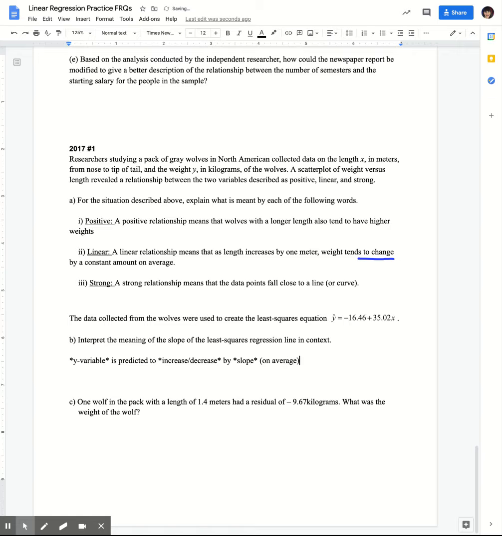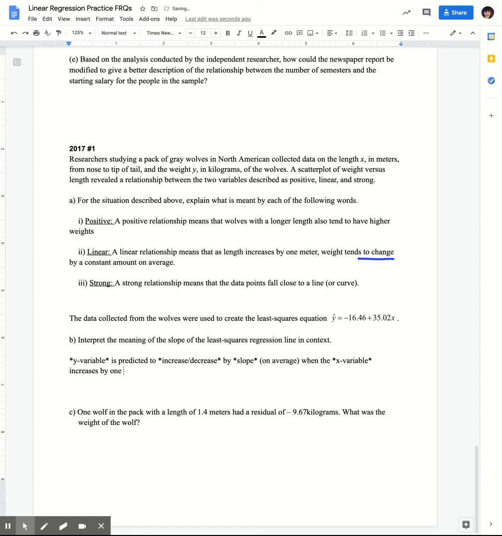Still, that would be awesome. So the y variable is predicted to increase or decrease by this amount when the x variable increases by 1, and then put the unit of your x variable.